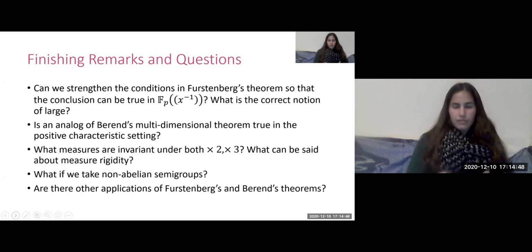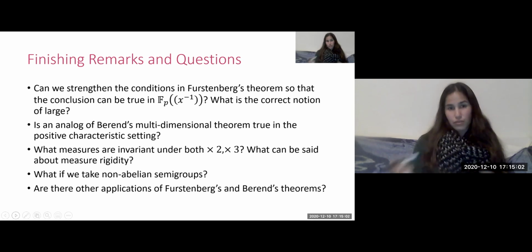Berend's theorem is oftentimes used in Diophantine approximation of vectors. That is, how well can you approximate a vector with vectors with coefficients that look in a certain way? That's one way of doing that, and oftentimes this goes through homogeneous dynamics, that is, the correspondence between homogeneous dynamics and Diophantine approximation.